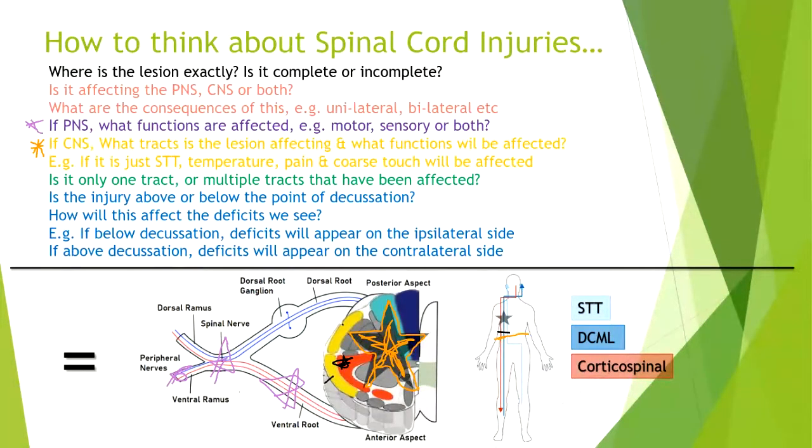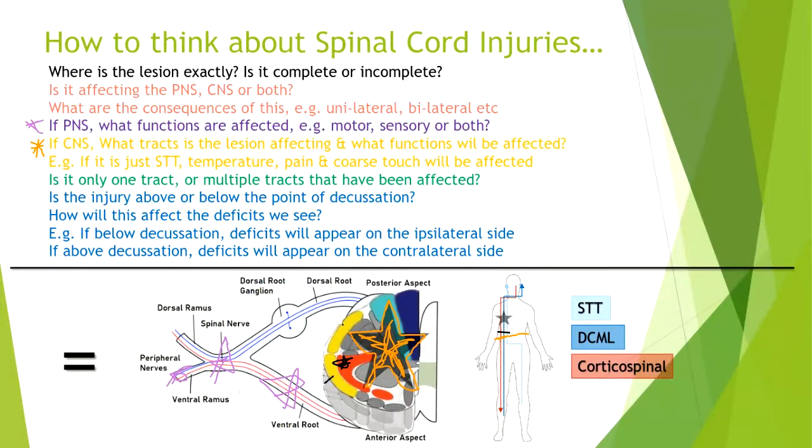That's when you're going to have bilateral symptoms. The next time that you can experience bilateral symptoms is if we have more than one tract that's been affected, even if it's only in one half of the spinal cord. So we briefly touched on that in our previous diagram. We're going to just briefly go over that one more time.